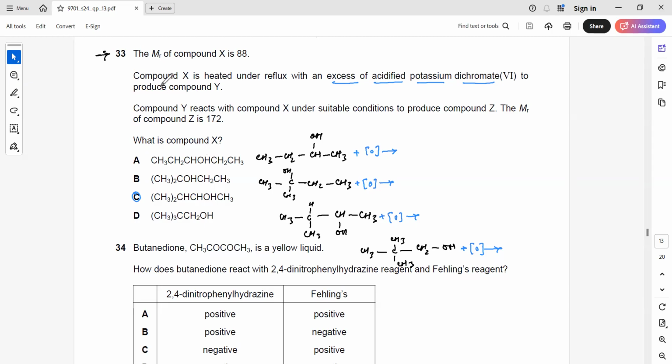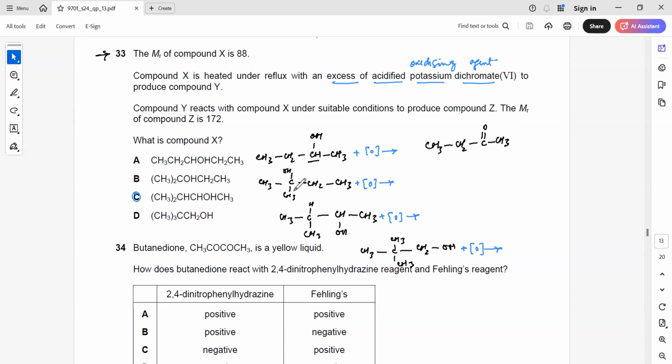Okay, in this question, they are saying compound X is heated under reflux with excess acidified potassium dichromate(VI), which is an oxidizing agent, right? As we can see, for options A, B, and C, I have drawn their structures. On oxidation, this one is a secondary alcohol, so when it undergoes oxidation, that will definitely give us a ketone, C double bond O and CH3.